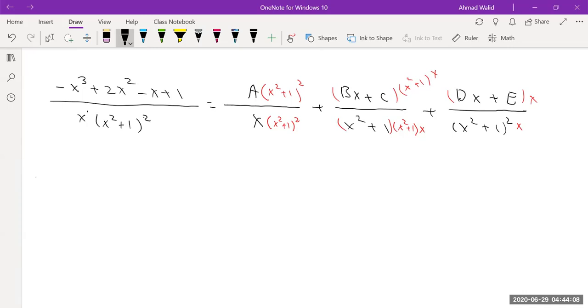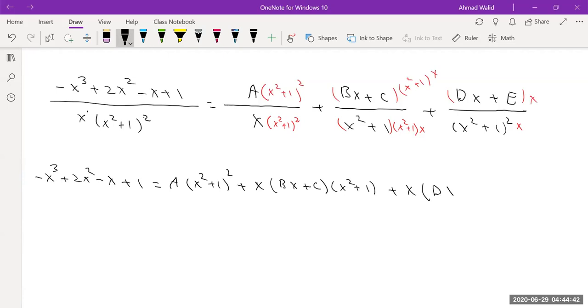Then you can write negative x cubed plus 2x squared minus x plus 1 equals a times x squared plus 1, all squared, plus, I can put the x here, it's much better, x times bx plus c times x squared plus 1, plus x times dx plus e.